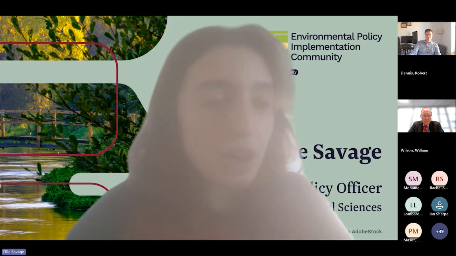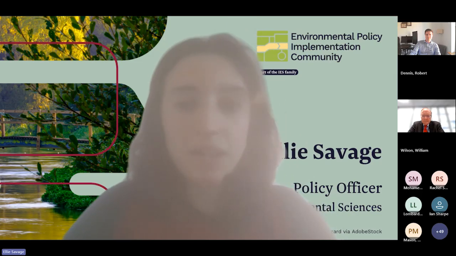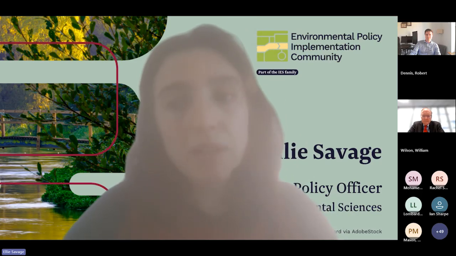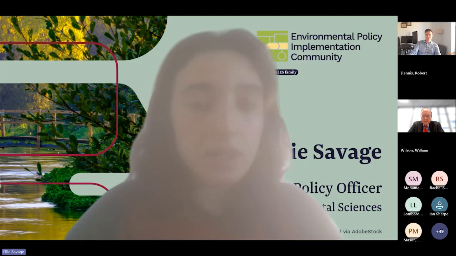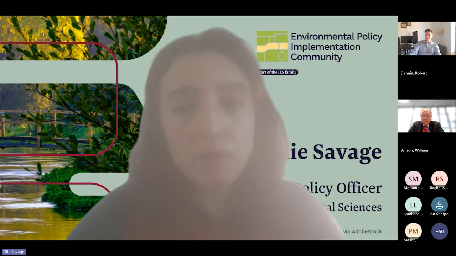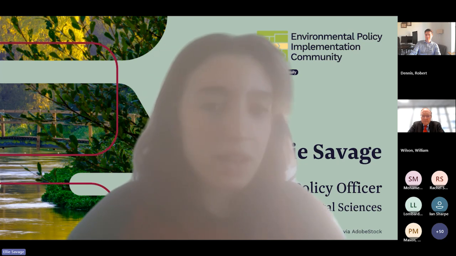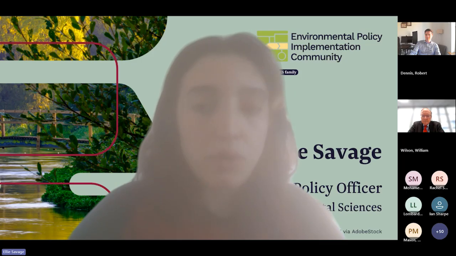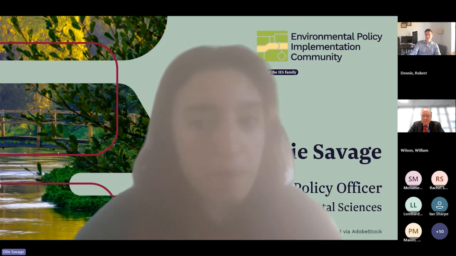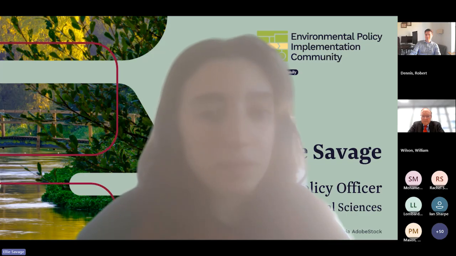To introduce our two speakers, first of all, William Wilson is a barrister and principal lawyer with the OEP's Legal Research and Analysis team. He has worked on environmental law in government, private practice and consultancy, and is the author of Making Environmental Laws Work, Law and Policy in the UK and USA, and has worked on environmental and energy law projects in the UK, EU and internationally. He has also been a member of EPIC's advisory group.